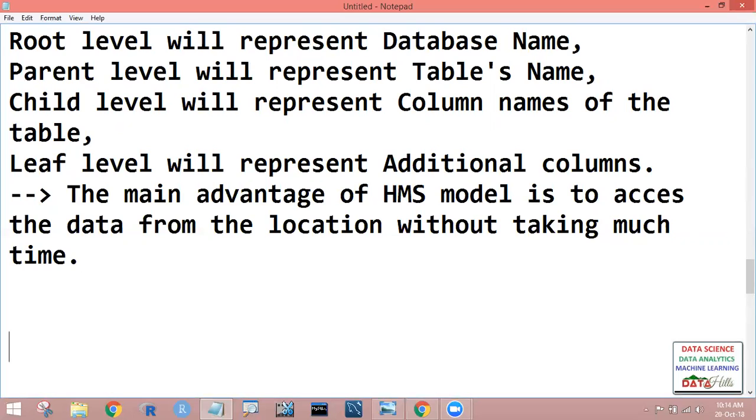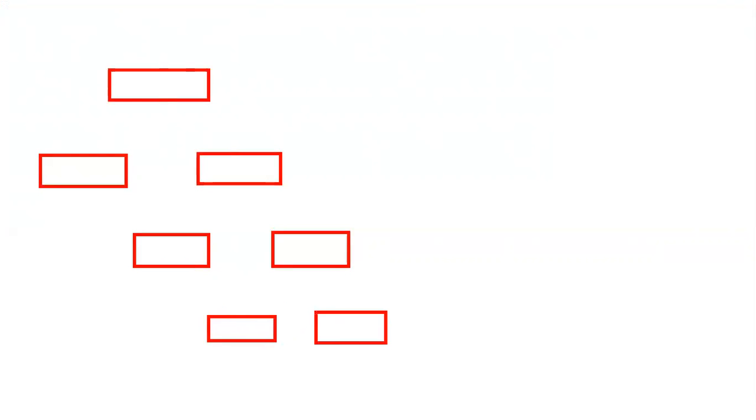For example, let us observe one tree structure and how it is represented in the hierarchical management system. First it is the root level. After that they take the parent levels. The next level is the child levels, and finally they represent the leaf levels.